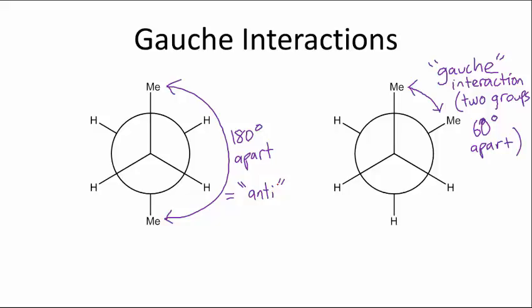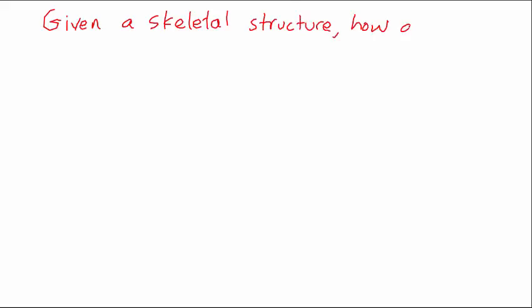All right, the question is, given a skeletal structure, how do I draw the Newman projection? All right, good question. So really you have to analyze one bond at a time.